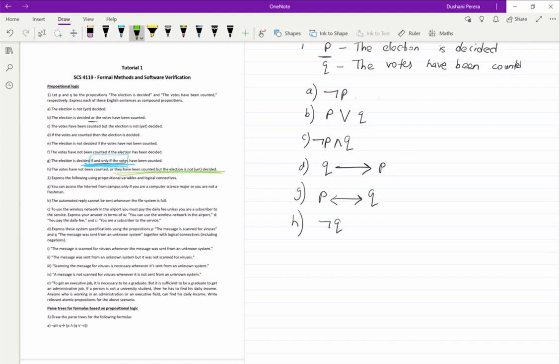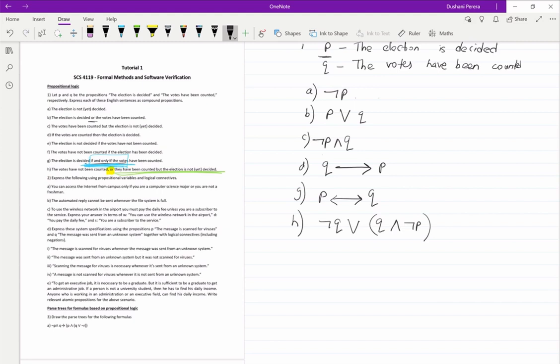The second part says that they have been counted, but means at the same time of Q happening, the election is not decided. So negation P, not P. Q and not P. And these two are joined with an OR. So we have to use OR in the middle.